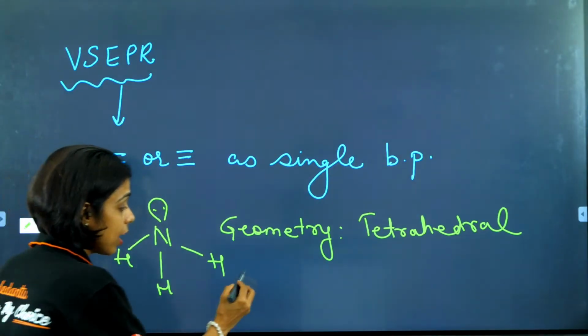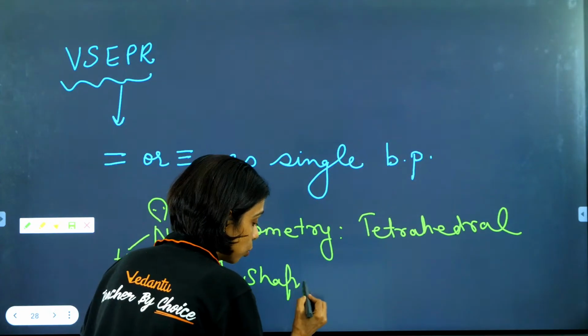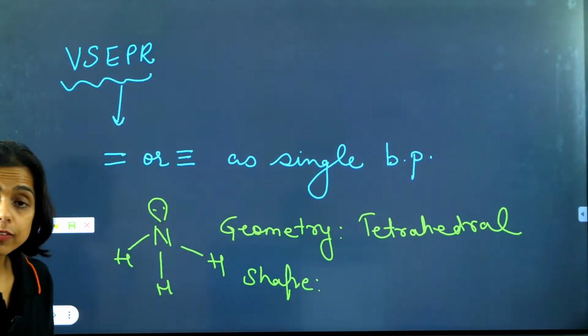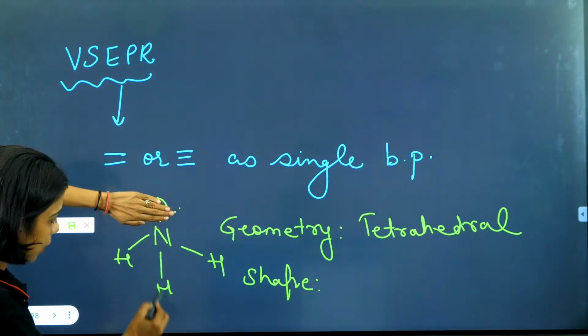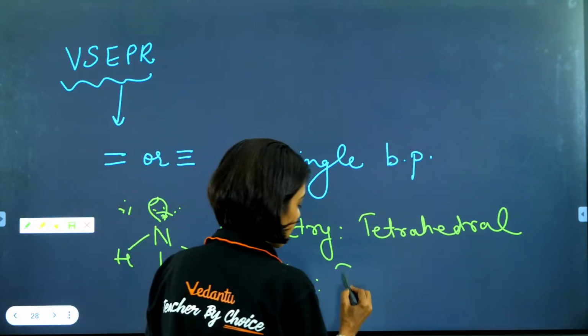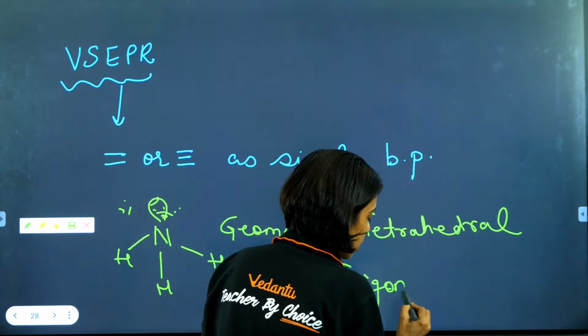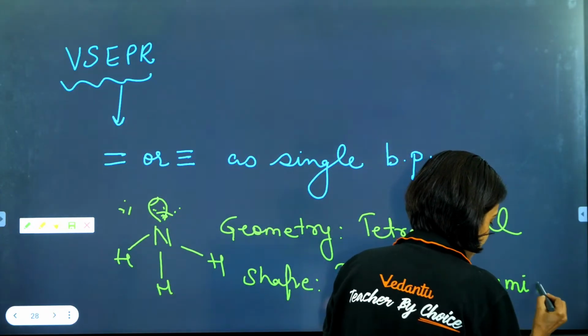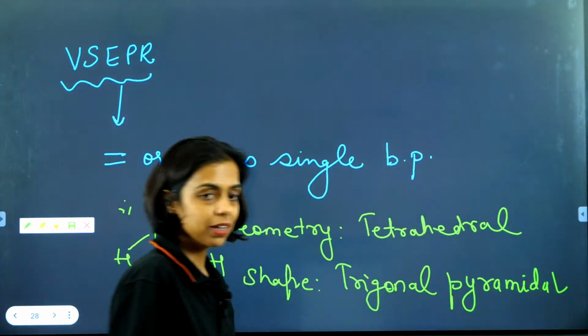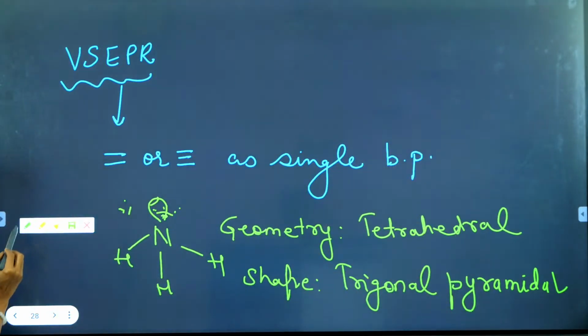But if I ask you what is the shape of this molecule, how will it look, because one is a lone pair, this molecule will look like this only. That is trigonal pyramidal. So what is the difference between electron geometry and molecular shape?